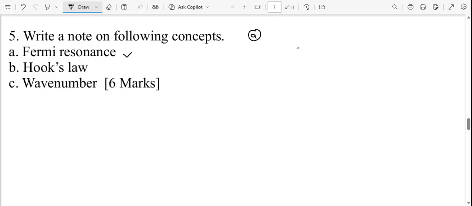So what I'm trying to say is that Fermi resonance is the interaction between fundamental vibration and overtones, including the combination vibrations. So we have this combination, and we have this band.